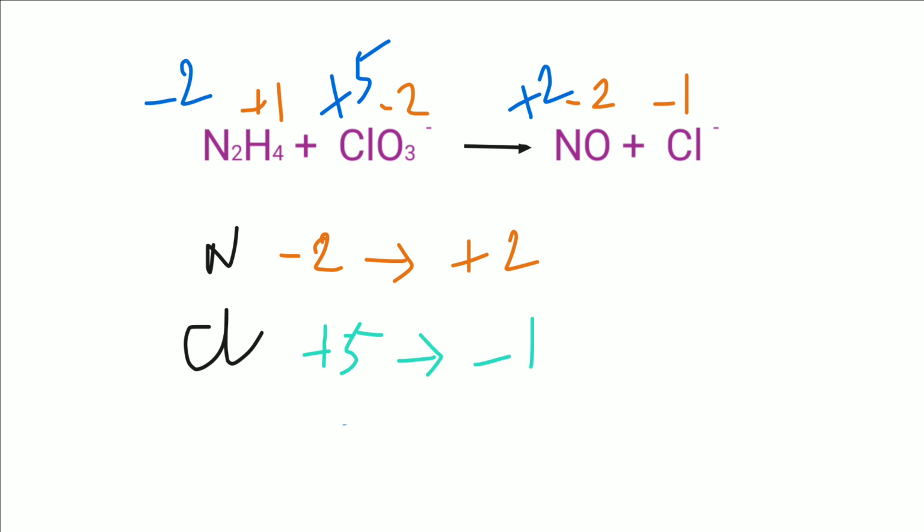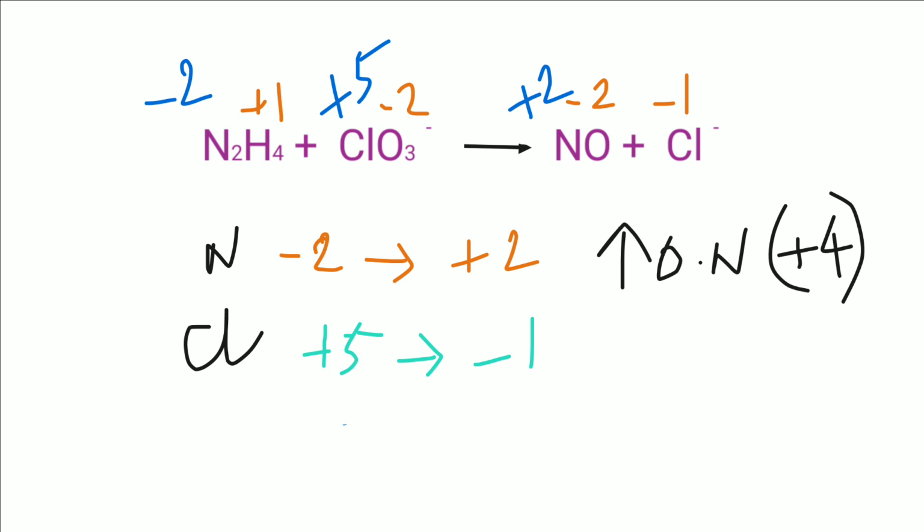In nitrogen, the oxidation number increases. By how much? The greater number minus the smaller number. So +2 minus (-2), that is 2 plus 2, equal to +4.